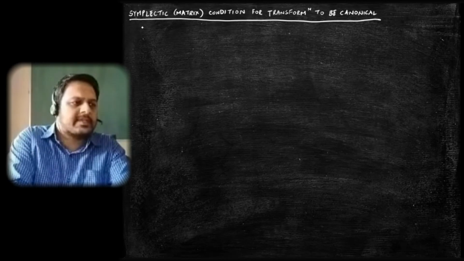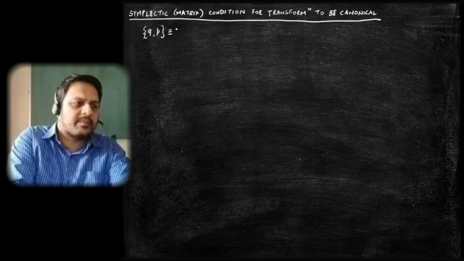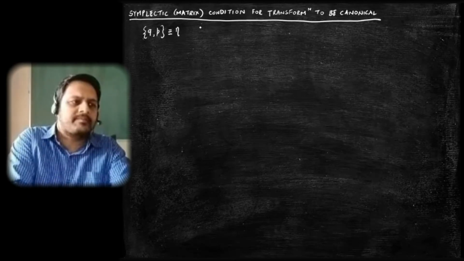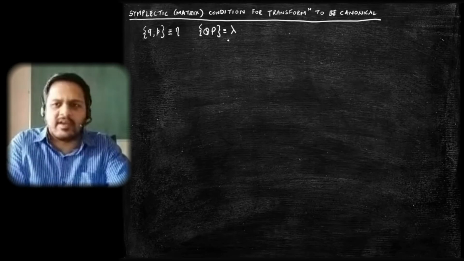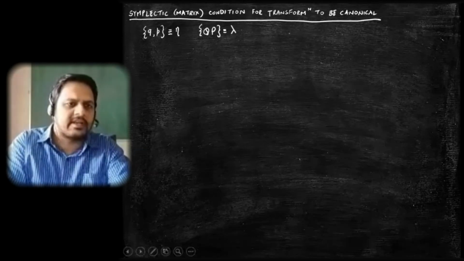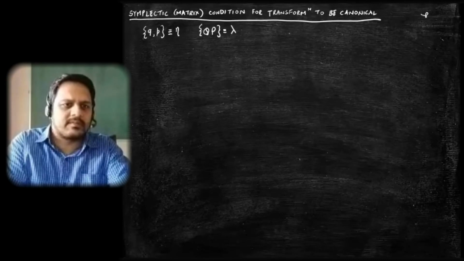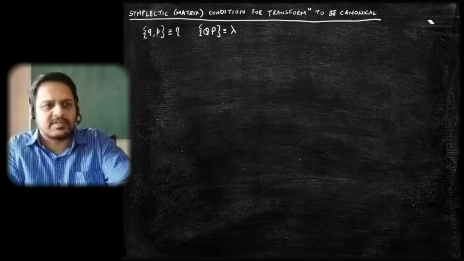Basically, let me represent my old set of variables, which is q and p together. We have already said that we will represent this by the letter eta. Similarly, for the new set of variables, capital Q, capital P, Goldstein uses some kind of weird symbol which I can't copy, so I will simply use lambda. If you're reading Goldstein, I think he uses something which is really cumbersome to write on the board.